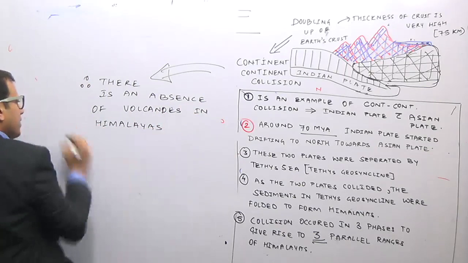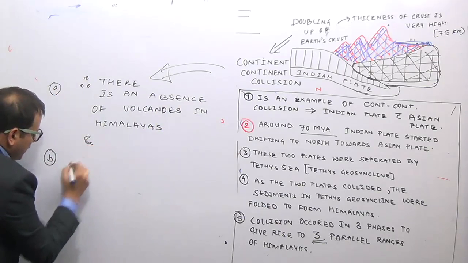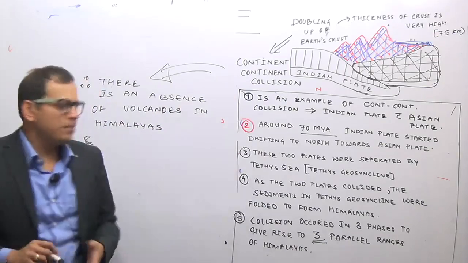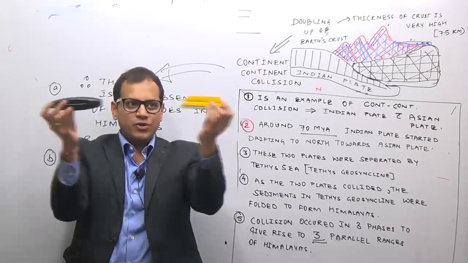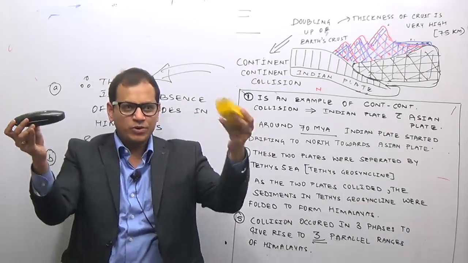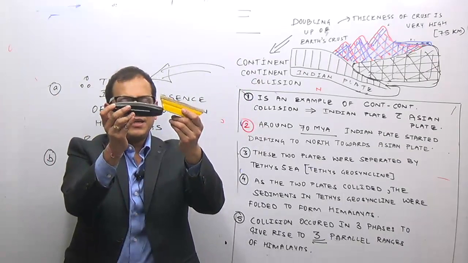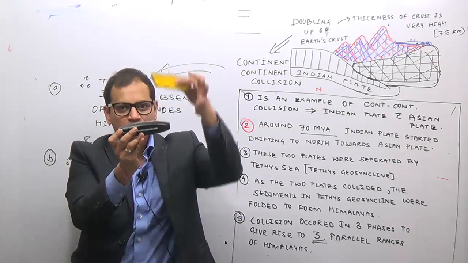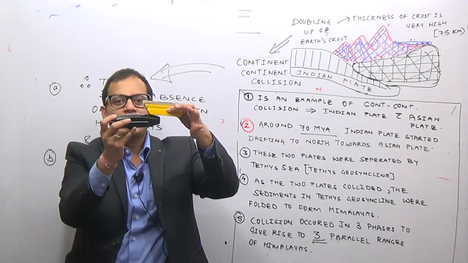Because it is an example of a doubling up of the Earth's crust, when there is a continent-continent collision, both are coming together, and this Indian plate is slightly lifting the Eurasian plate upwards. The combination area of this duster and this specs box is the Himalayan region.